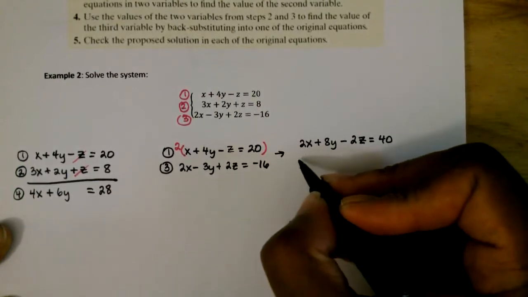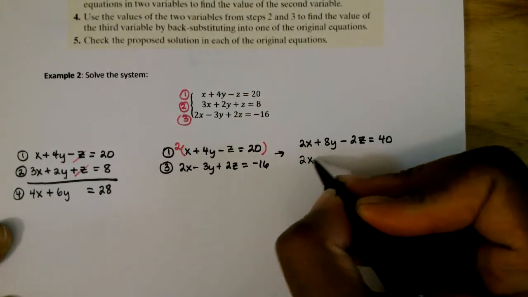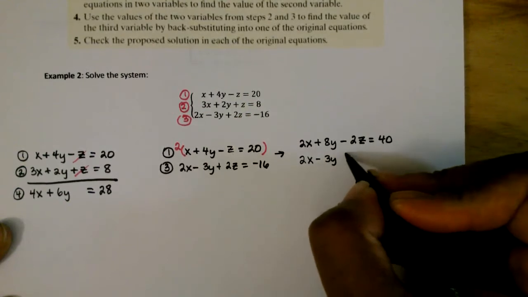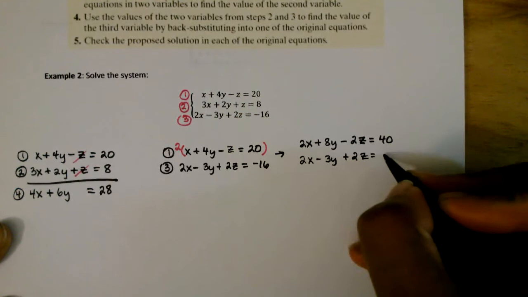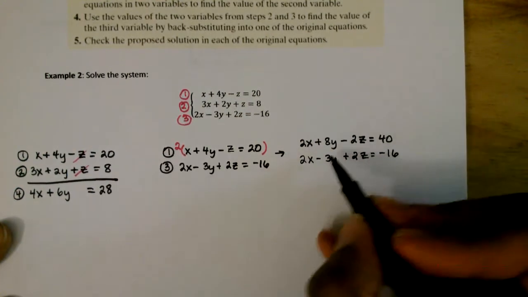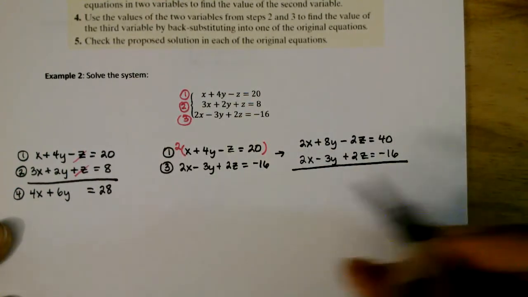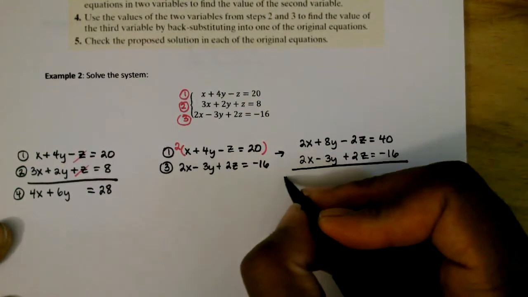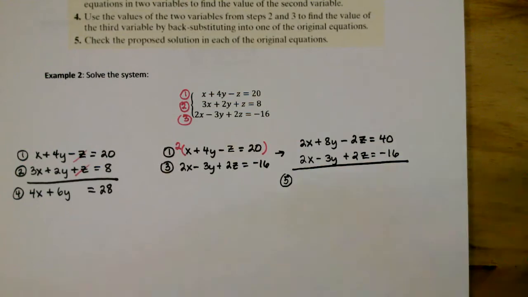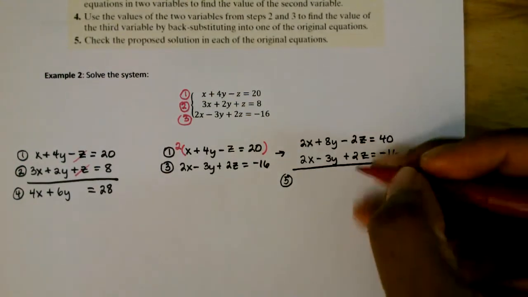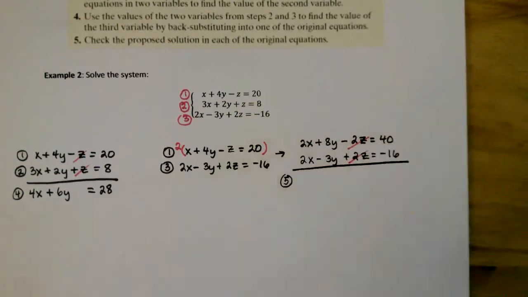And then I'm going to bring over equation 3, which is 2x minus 3y plus 2z equal negative 16. Now I'm going to add those 2 equations together to come up with equation 5. Now notice I got minus 2z and a plus 2z. That's gone.